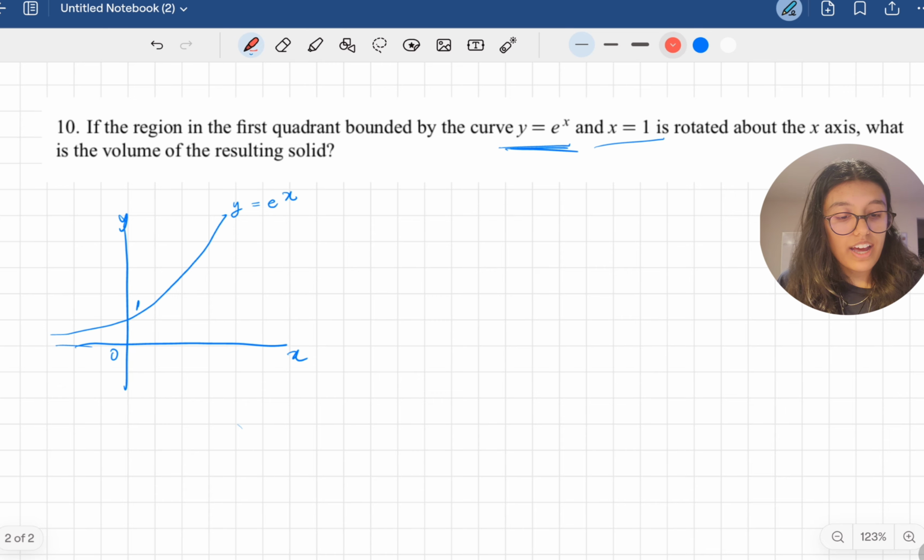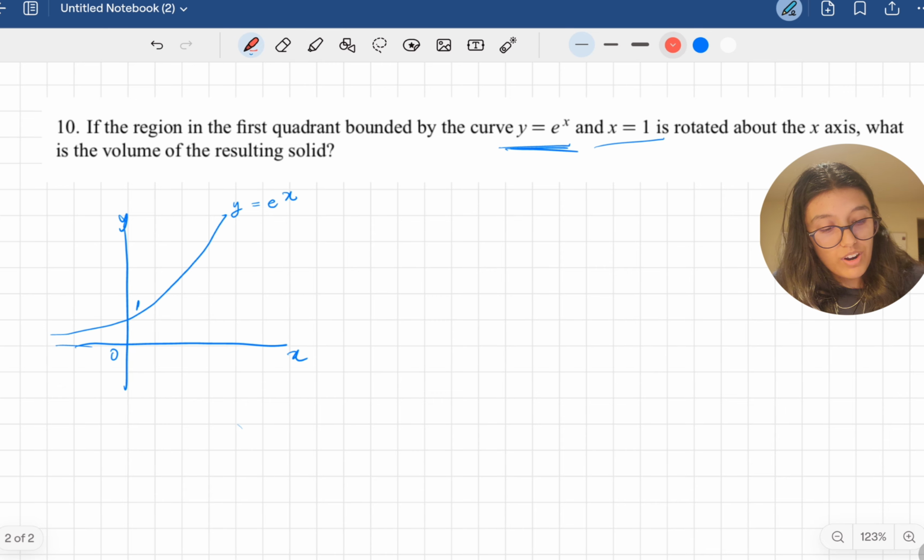What are our upper bound and lower bound, basically? Well, we know our upper bound is x equals 1. It explicitly says so in the problem. So x equals 1 is going to be over here. What is our lower bound? Well, it's not specifically stated here. That's why we need to take a deeper look into the problem.